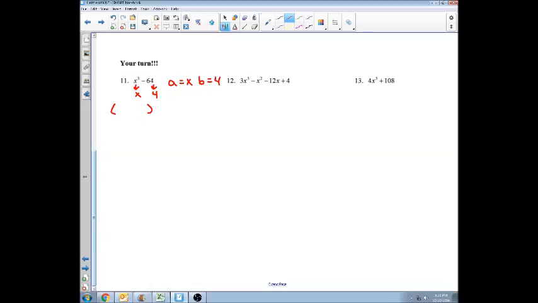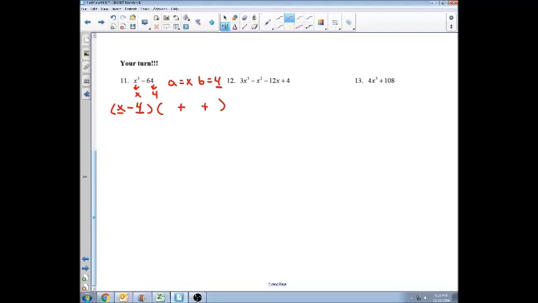We have a small set of parentheses and a much larger set of parentheses. The first sign is always the same. The second sign is always opposite. The third sign is always positive, right? The first blank in my first set of parentheses will be a, which is x in this case. The second blank in my first set of parentheses is always my b value, which is 4.